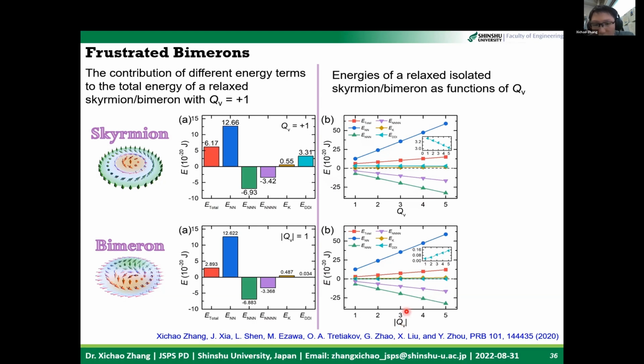The difference between the bimeron and the skirming is also the dipole-dipole interaction energy. The dipole-dipole interaction energy of the skirming decreases with increasing vorticity number, but for the bimeron, the dipole-dipole interaction energy increases with the vorticity number.